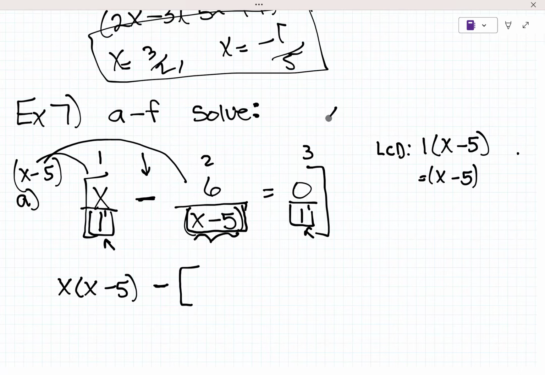I think I'm going to use negative 6. It can be a little bit of trial and error. Let's see if this really works. Negative 6 times 1 is negative 6, so yes, that multiplies to negative 6. And what's negative 6 plus 1? Negative 5. Perfect. So we'll definitely use negative 6 and positive 1.